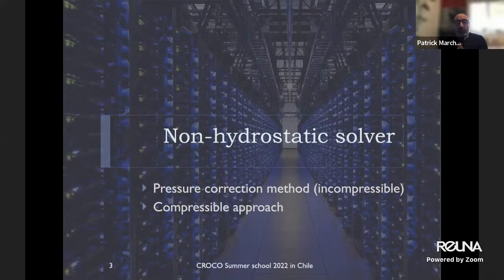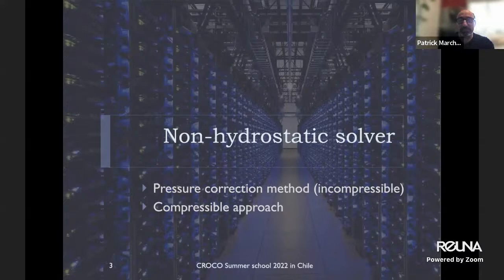There are two kinds of methods that I present here, the main ones. The first one is the really classical method. It's called pressure correction. And it is made for incompressible equations. So most ocean models use this method. And the second one is a compressible approach. In this case, we release the assumption of compressibility.